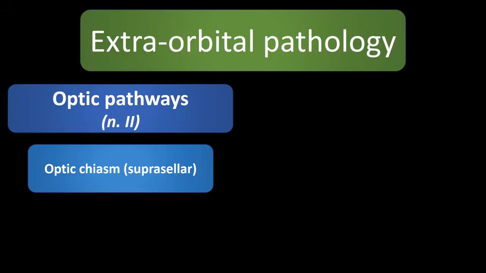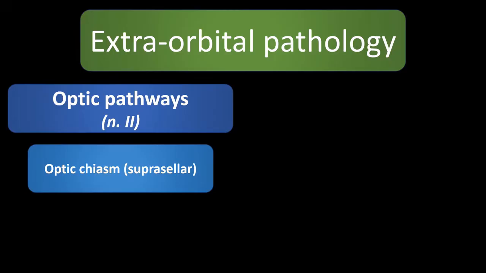It can be compressed by neoplasms in the neighboring structures, and very important is the pituitary or the sella region, because a macroadenoma of the pituitary is the most frequent cause of compression of the optic chiasm, because the sella turcica is located underneath the optic chiasm, or if you put it the other way around, the optic chiasm is almost always located above the sella turcica, well, in about 70 to 80% of cases.